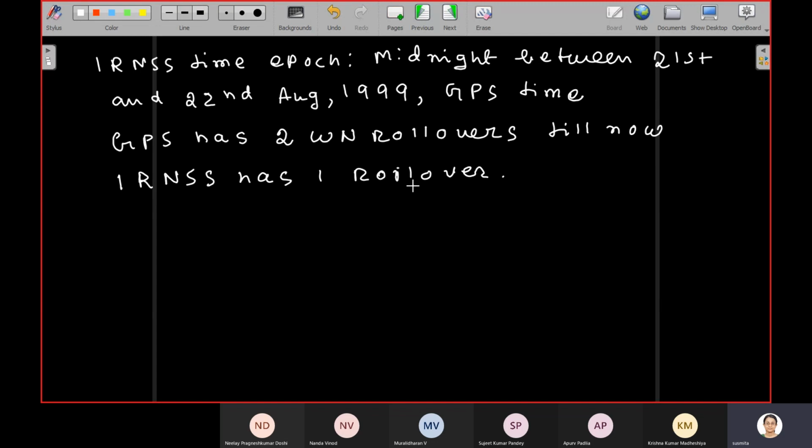Okay. Now the navigation data does not broadcast the rollover. The receiver internally has to keep track of the rollover to give the time properly. The receiver software is configured to keep track of the week number rollover, and the week number and time of week are calculated.